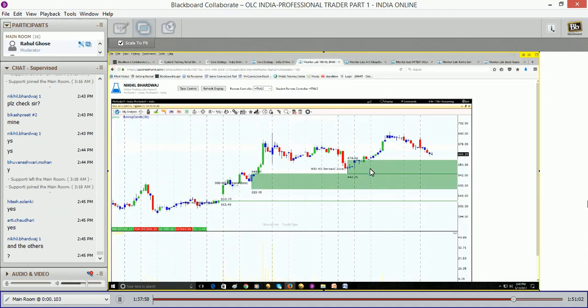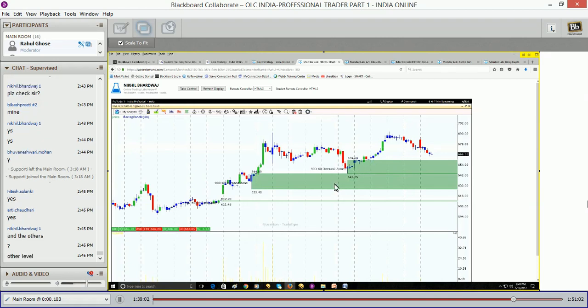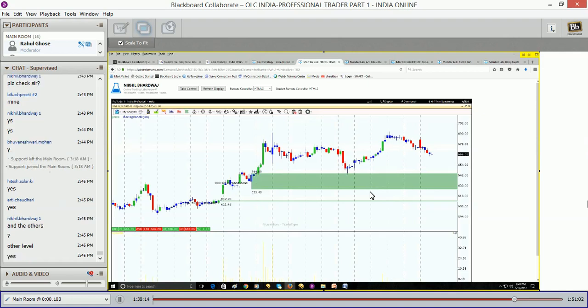But the other two, the first one is tested. Now the second one, Nikhil, what do you feel? Is the second level tested? Remove the first one and check. Remove and check if the second level is tested.